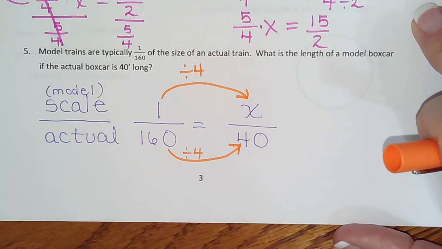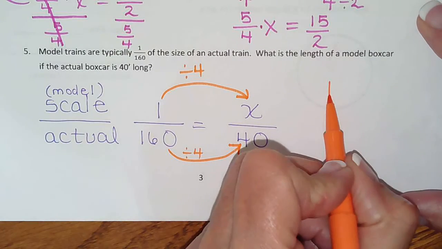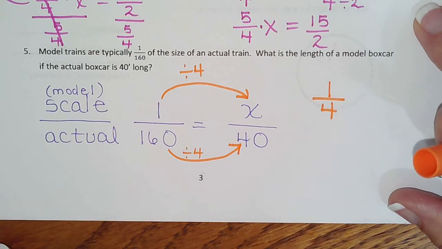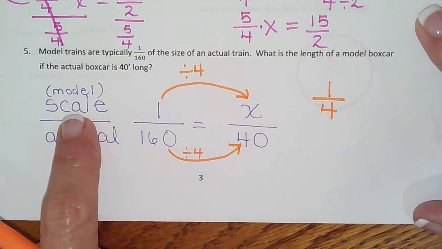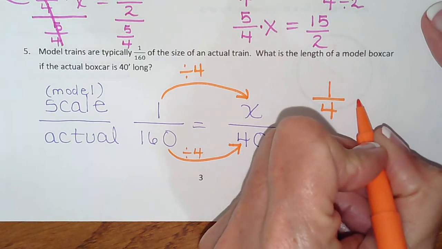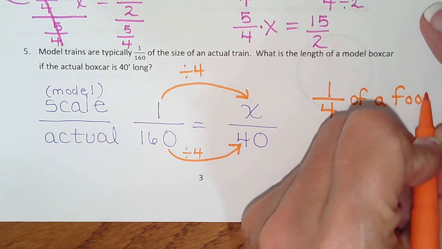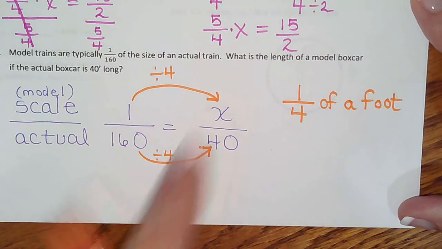So you're probably going, what? Divide 1 by 4? Well, isn't this 1 divided by 4? Yeah. So 1 divided by 4 is 1/4. And the scale is, I guess they're both feet, huh? So 1/4 of a foot is your answer.